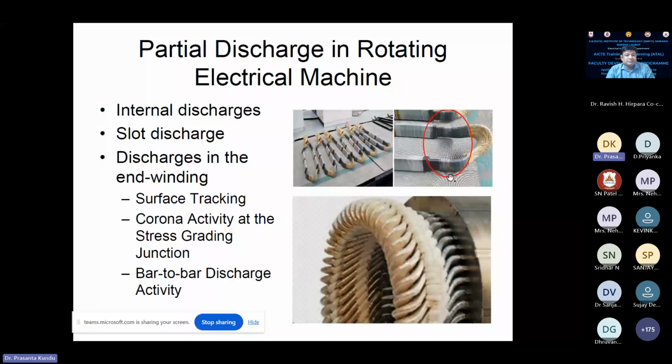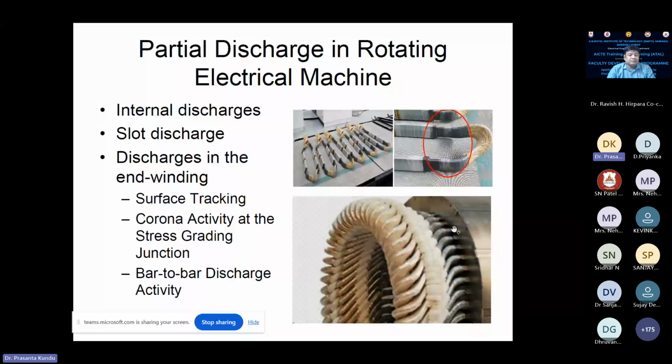Then there is the insulating material, and there is the ground core. So there will be a sudden change from the higher voltage to zero.